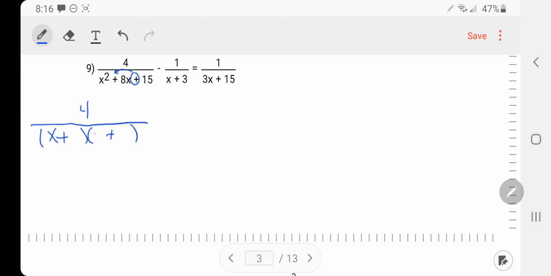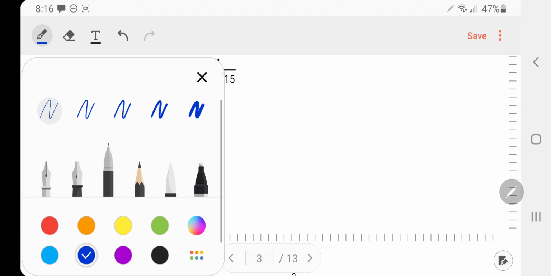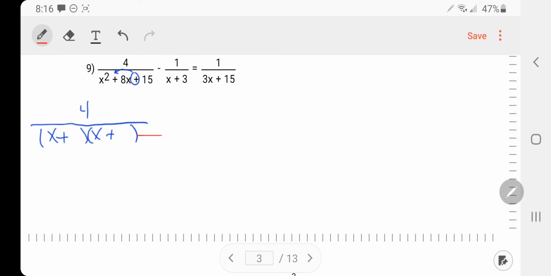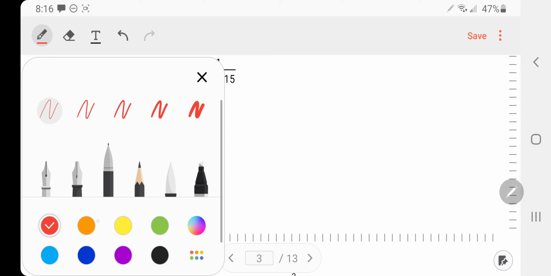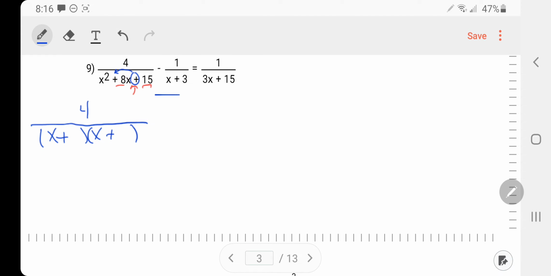X and x to make x squared, and then numbers that multiply to make 15 that add and make 8. What numbers multiply to make 15 that add and make 8? 5 and 3.